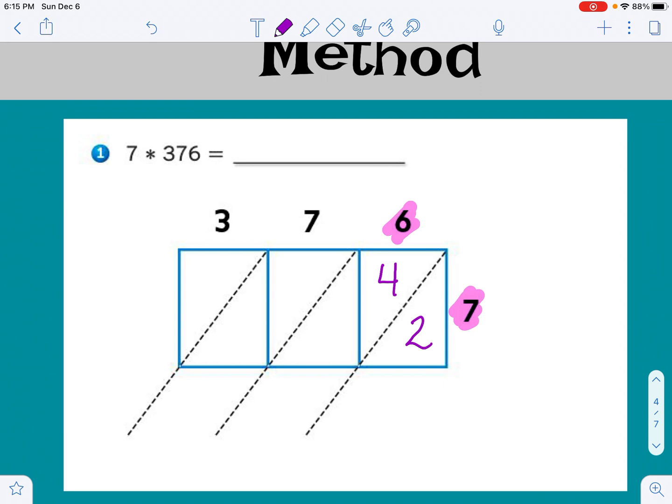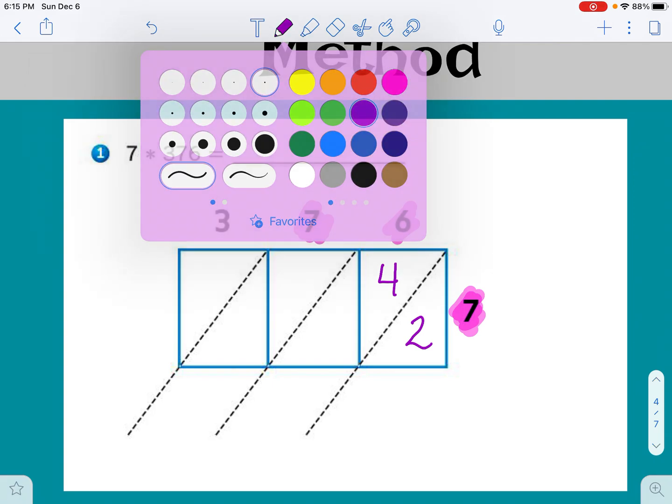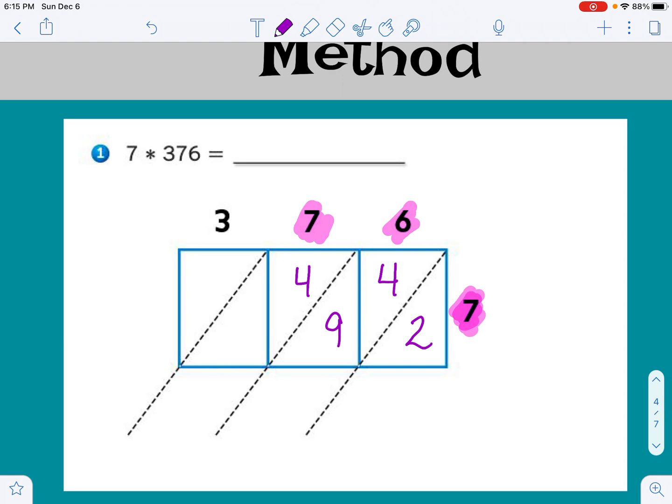My 10s go on top, my 1s go on the bottom. Then I'm still doing 7 times 7 is 49. And my last one, I'm doing 3 times 7 and getting 21.